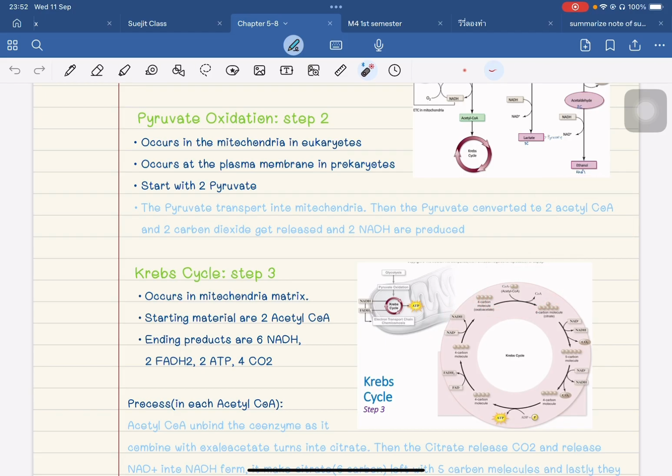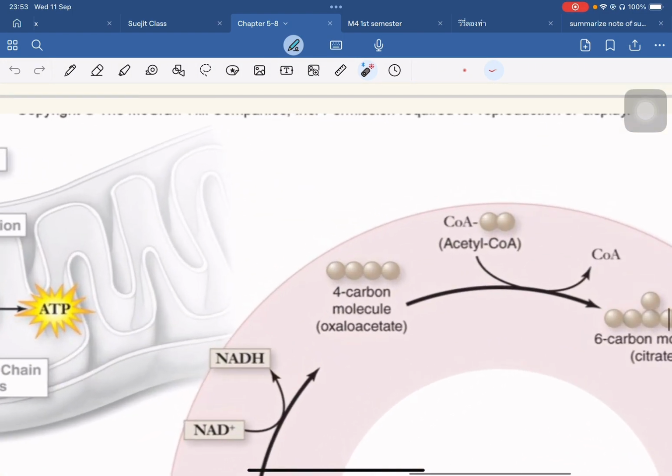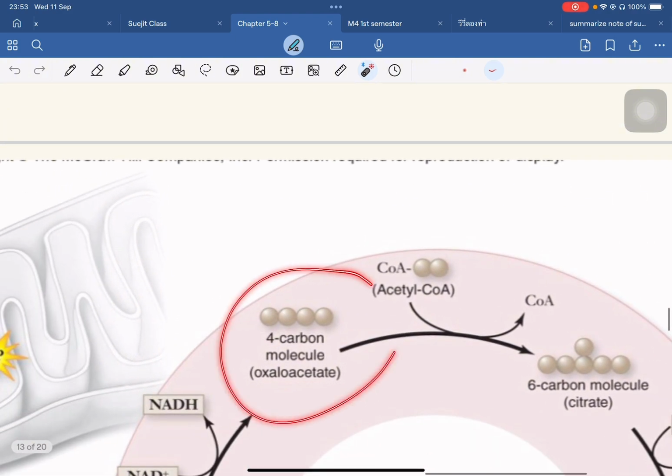The Krebs cycle occurs in the mitochondrial matrix. The starting materials are only the 2 acetyl coenzyme A. First of all, we have a 4-carbon molecule, oxaloacetate.